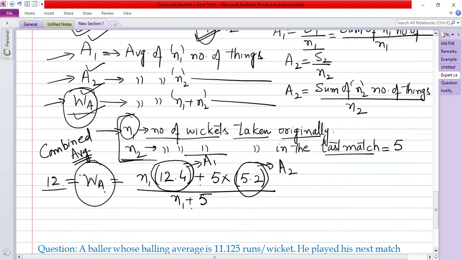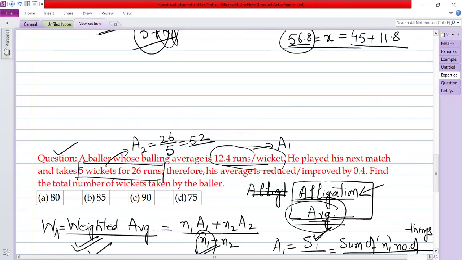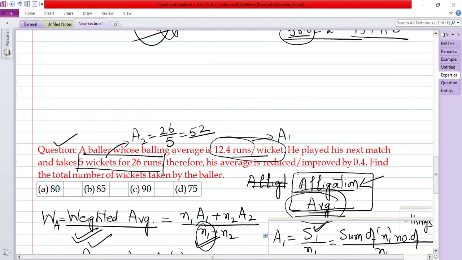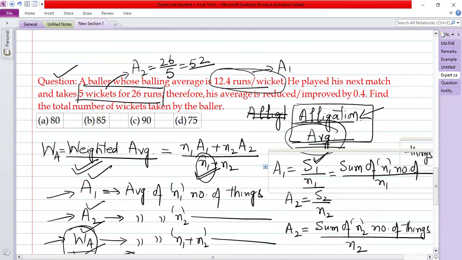How is it 12? Because it is mentioned in the question that due to the performance in the last match, the average is improved by 0.4. So that's why it is 12.4 minus 0.4, that is 12.